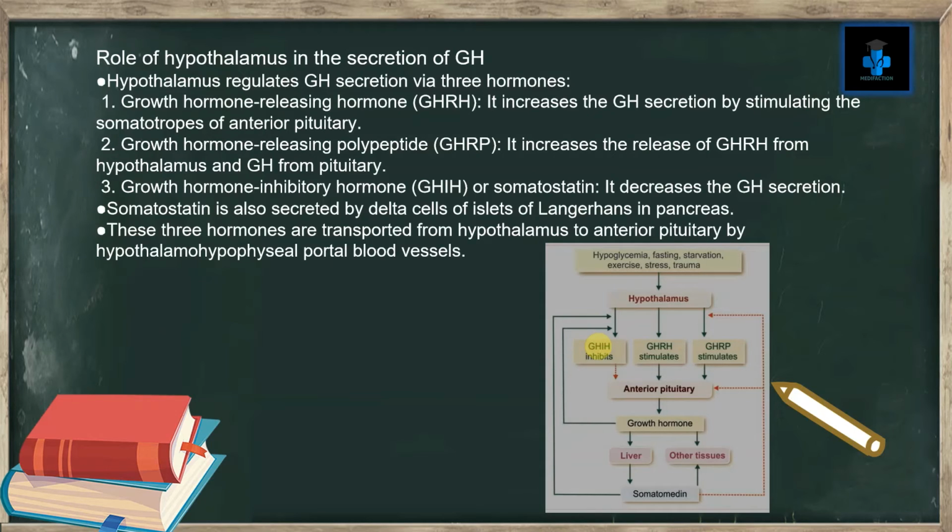These three hormones are transported from hypothalamus to anterior pituitary by hypothalamo-hypophyseal portal blood vessels. When the anterior pituitary releases growth hormone, it acts on the liver to release somatomedin, which acts on other tissues, and these are inhibited by the negative feedback mechanism.